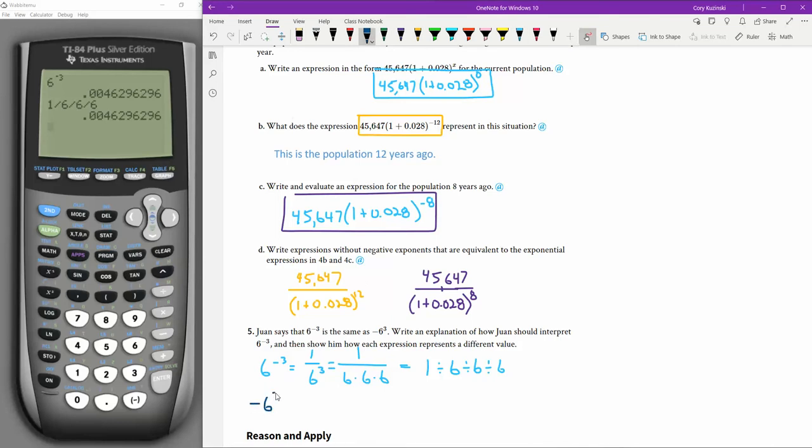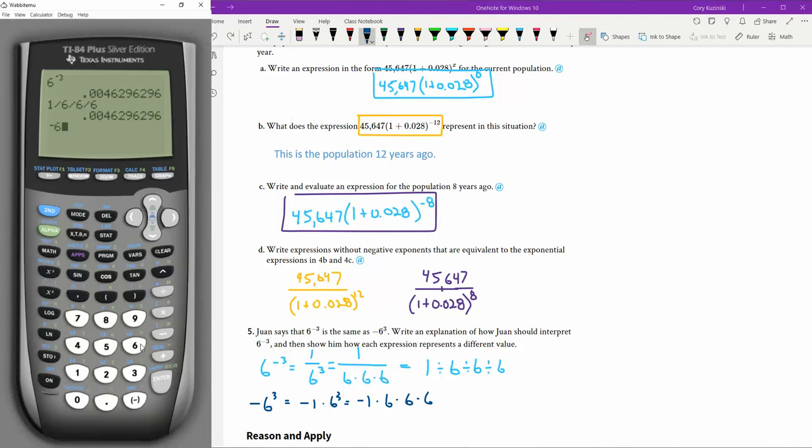Whereas negative 6 to the positive third power is just like negative 1 times 6 cubed, or negative 1 times 6 times 6 times 6. So negative 6 to the power of 3 is the same as negative 1 times 6 times 6 times 6. There it is.